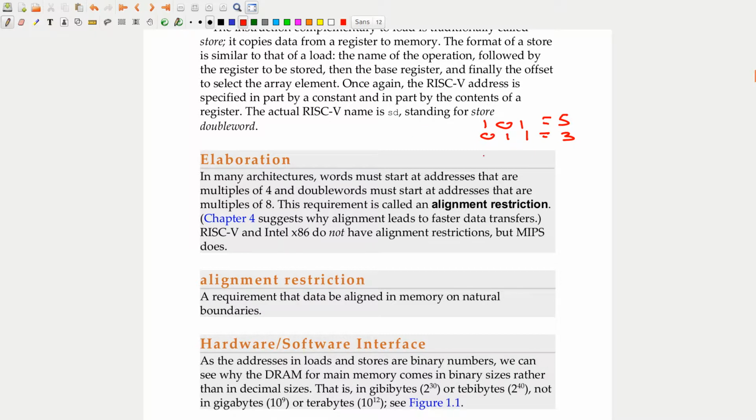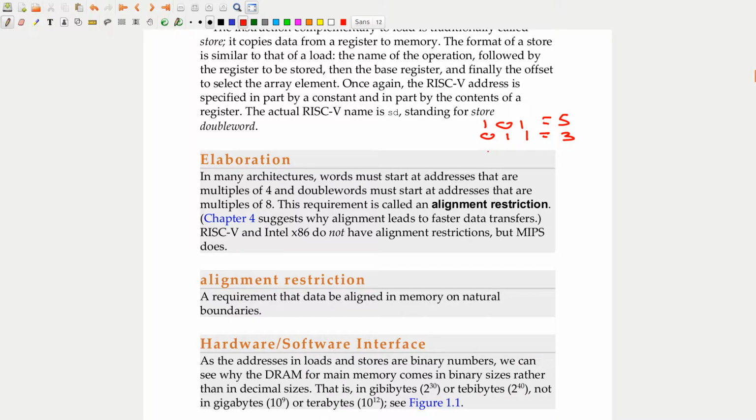Well, one way we could do it is we could go, okay, are these bits the same? Yeah, okay, so let's check the next bit. Are these the same? No, but we still have more bits to check. So let's look here. Are these the same? Nope. So 5 must be the bigger number. Now, think about this in terms of addresses.